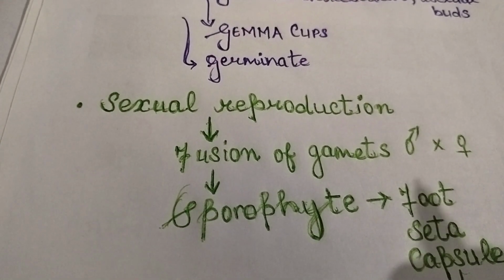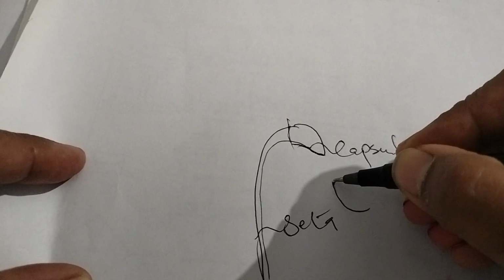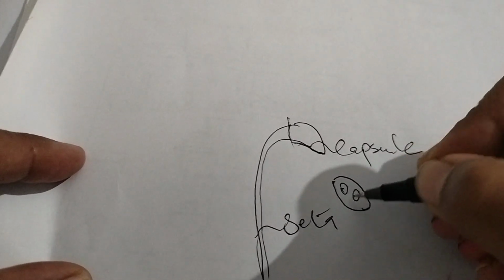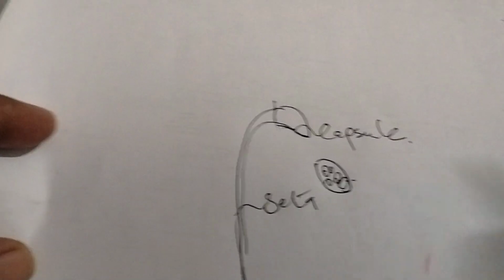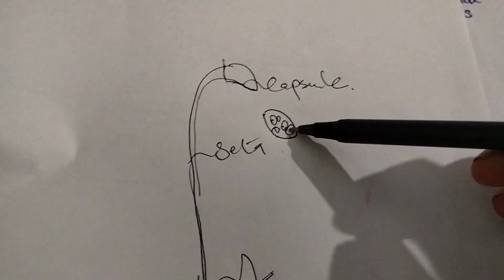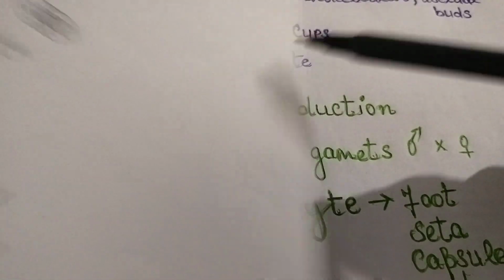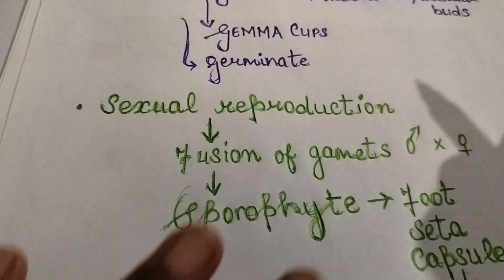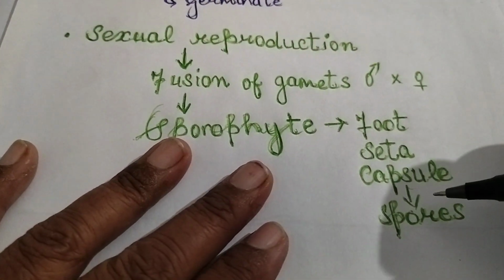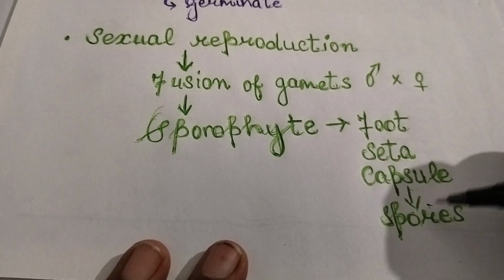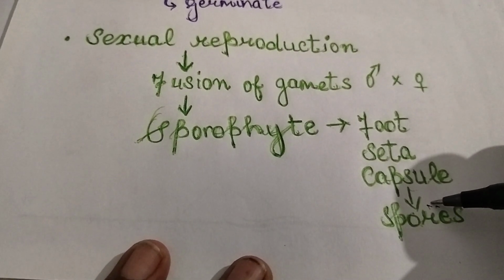Now this capsule bears spores. Spores are produced in this capsule. Some cells inside the capsule undergo meiosis and they produce spores. Spores are haploid and these spores grow into a new free living gametophyte.